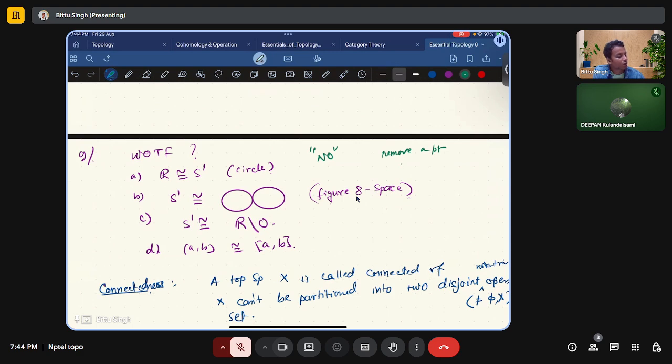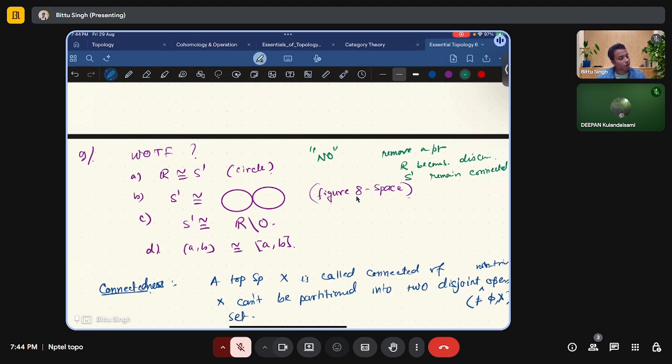If we remove a point from the real numbers, R becomes disconnected. It is broken into two parts, but the circle remains connected. So that's why connectivity is always useful.